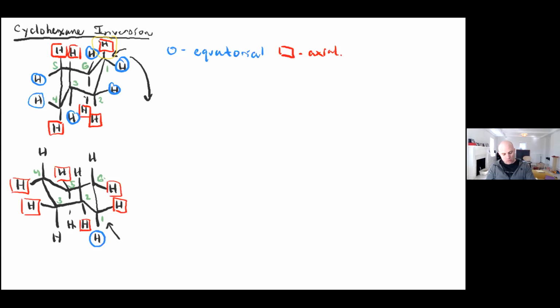And everything that was equatorial in the top structure is now axial in the bottom. Okay, 2, 3, 4, 6, yeah. And so this is what we refer to as a chair flip.